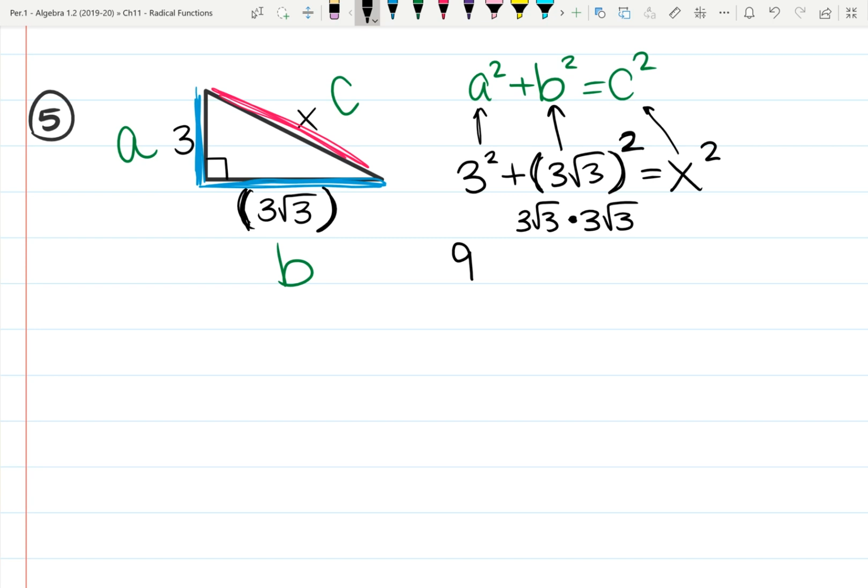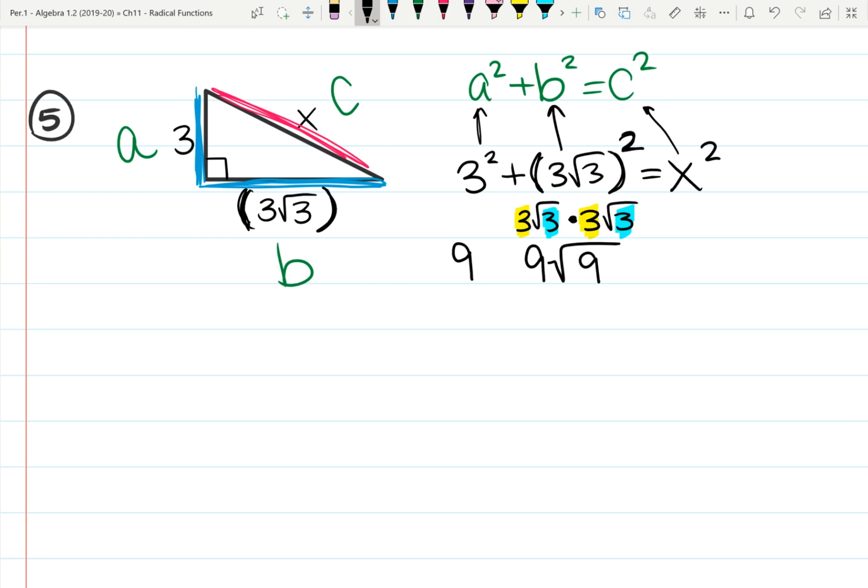When I multiply, remember, we multiply outside with outside. So 3 times 3 is 9 on the outside. And then on the inside, we multiply insides together. So that 3 times 3 is another 9. So many 9s. That's fine.